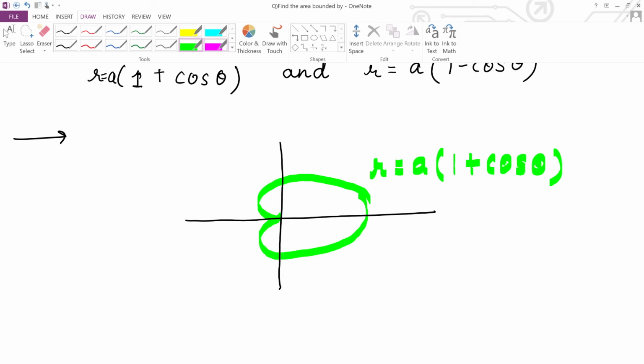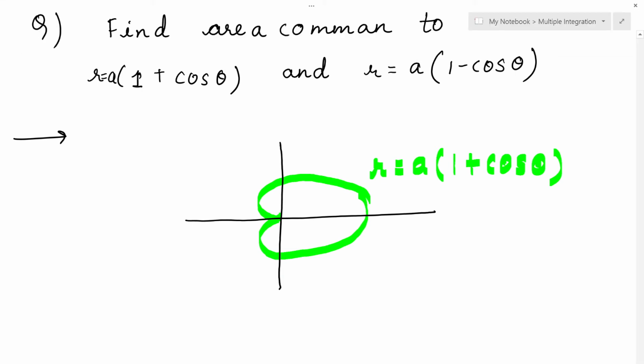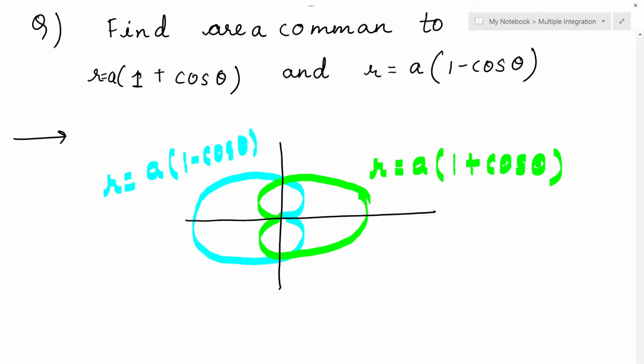And another cardioid which is on the opposite side. So this is r is equal to a into 1 minus cos theta. Now if you look at this, you have to find the region common to the cardioids. So my common region will be this, 2 circles I am getting.